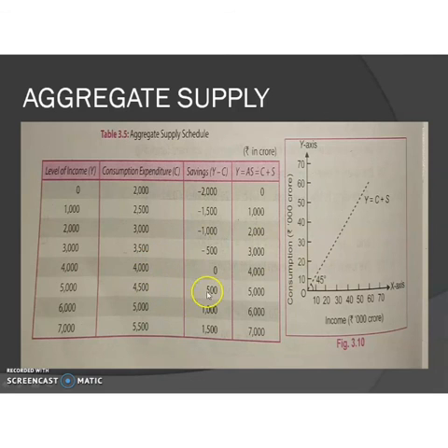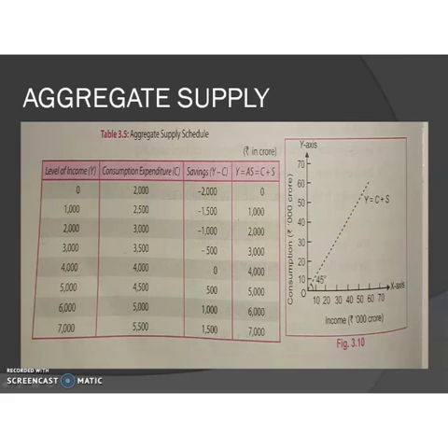So from the schedule we can draw the aggregate supply curve. It will be a straight line originating from the point of origin. This will form a 45-degree angle. So this is the aggregate supply curve.